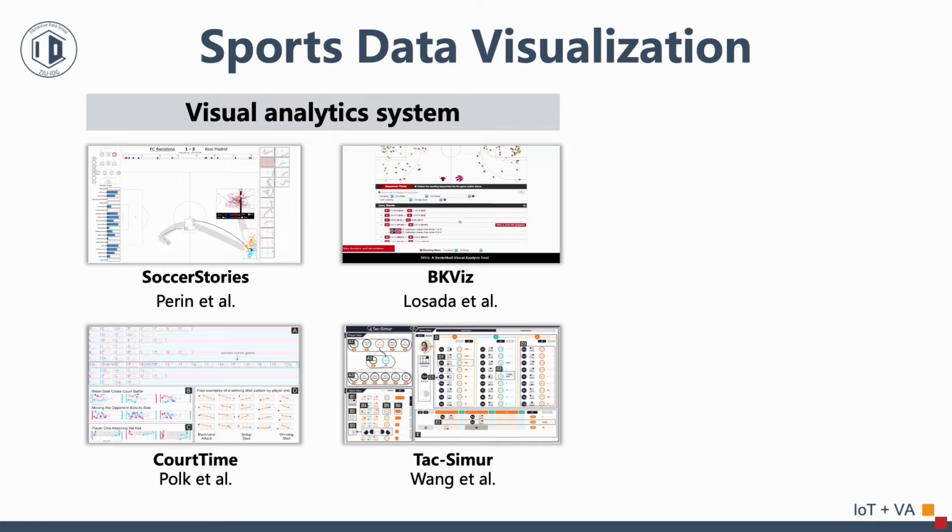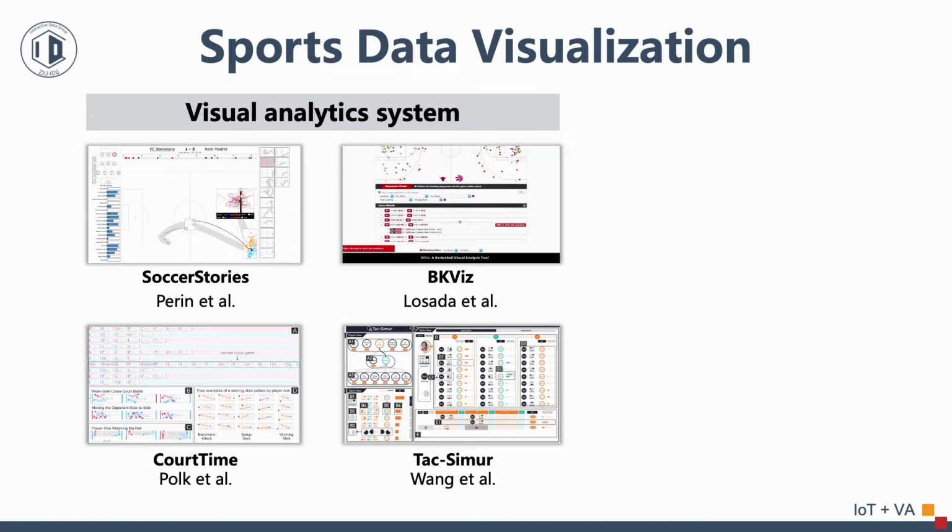In the field of sports data visualization, considerable visual analytics systems are developed for the analysis of various sports, such as soccer, basketball, tennis, and table tennis. While these systems can help discover valuable insights, they focus on the data of formal matches instead of the training process.